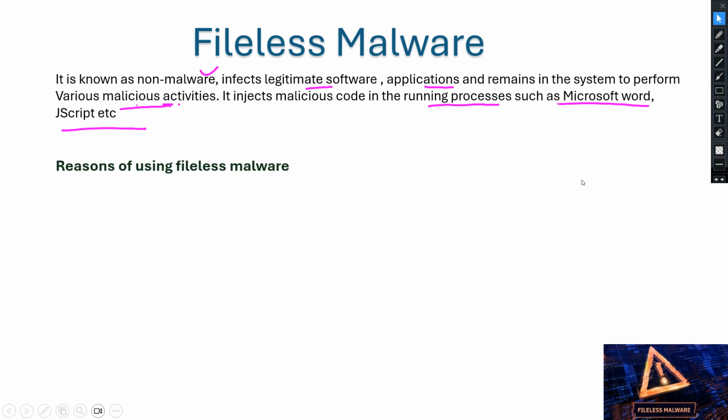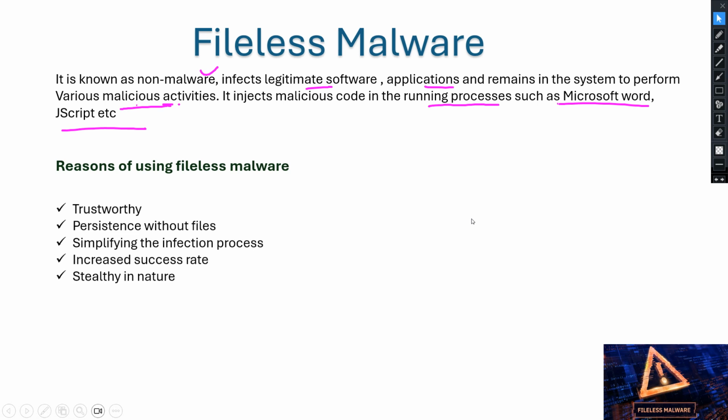Reasons for using fileless malware. What are the reasons for hackers to use fileless malware? Because fileless malware is trustworthy, persistence without files, simplifying the infection process, increased success rate, and stealthy nature.